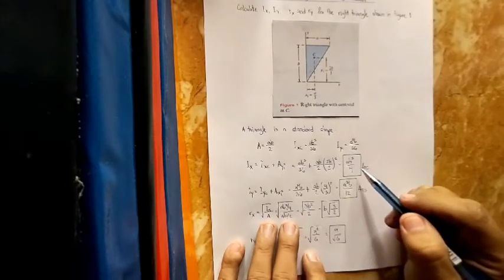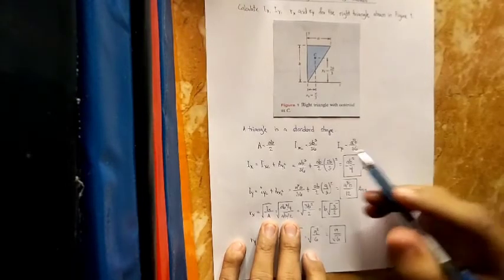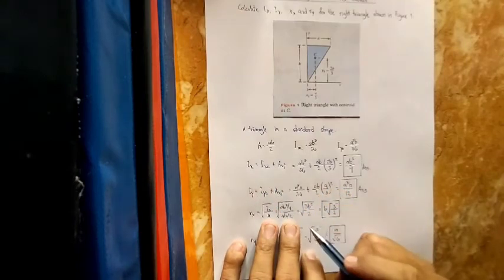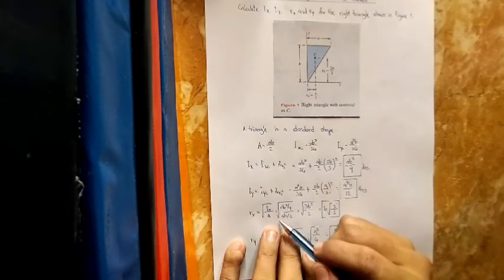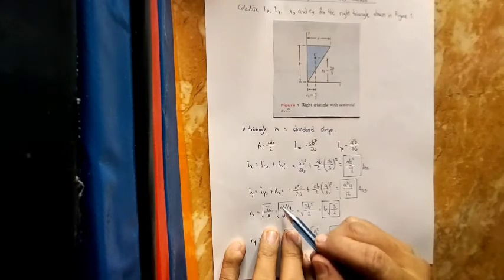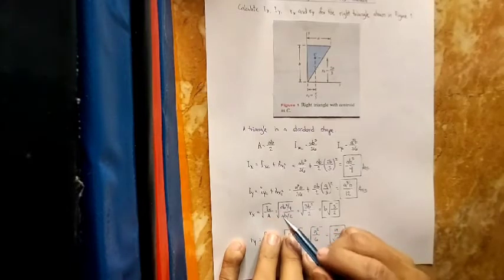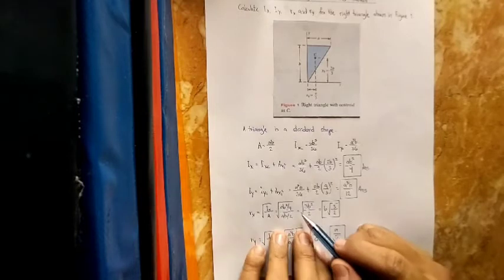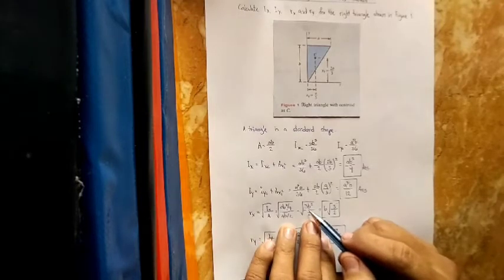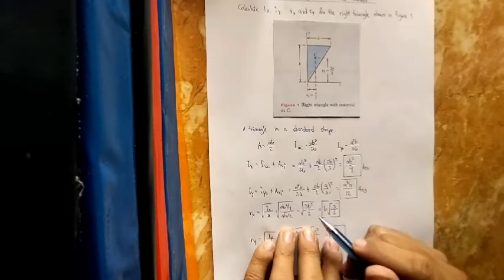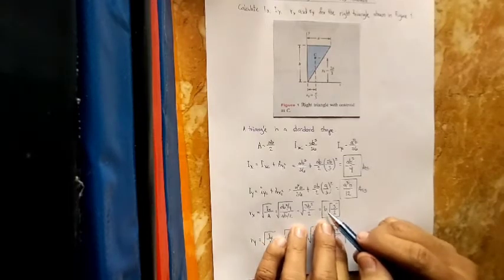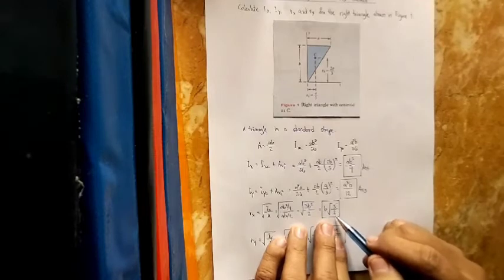Ngayon, substitute natin yung value ng moment of inertia at the x-axis, which is square root of A times B raised to 3 over 4 over A times B raised to 2 equals to the square root of 3 times B raised to 2 over 2. It equals to B square root of 3 over 2.